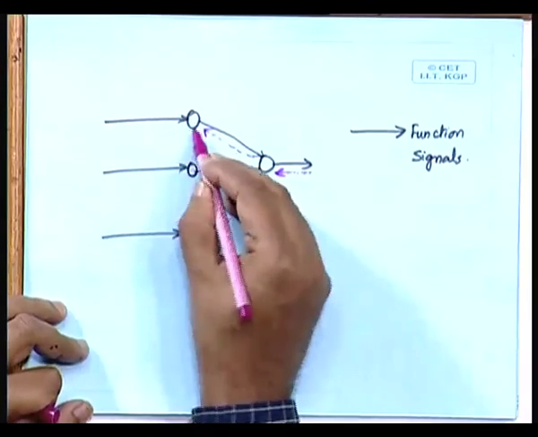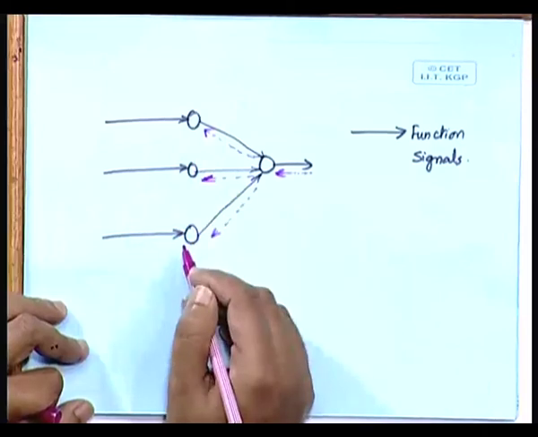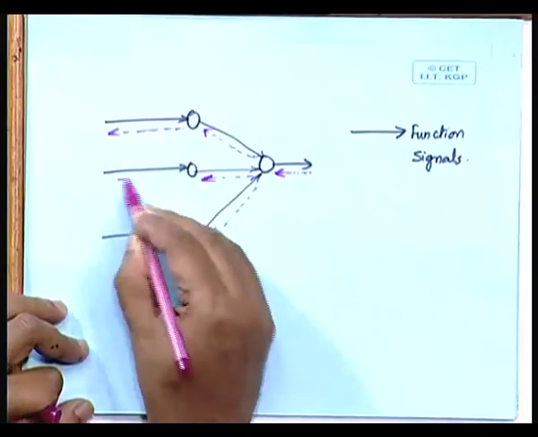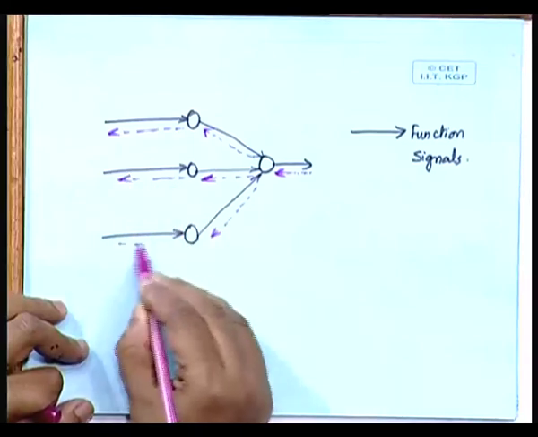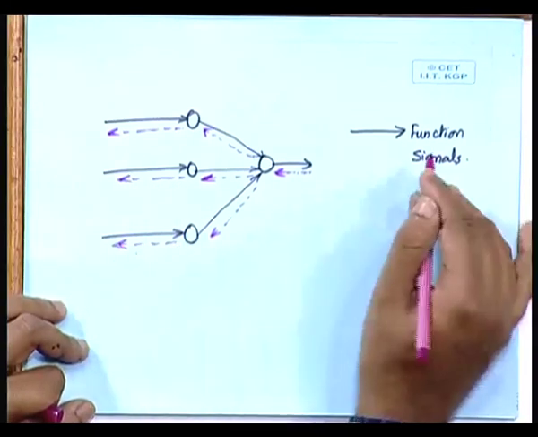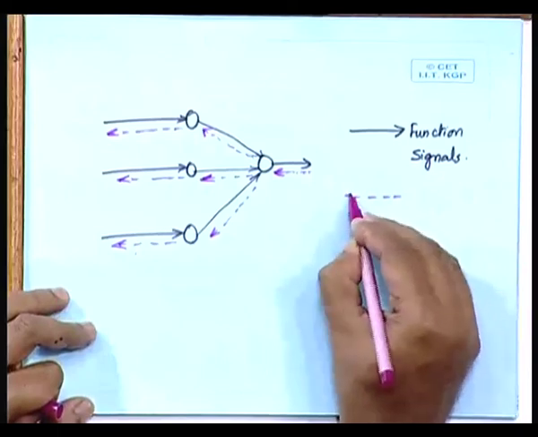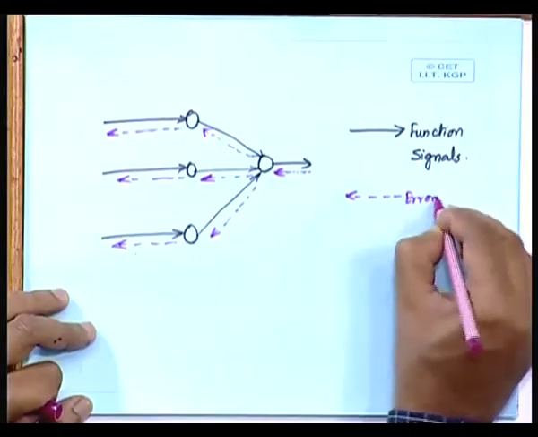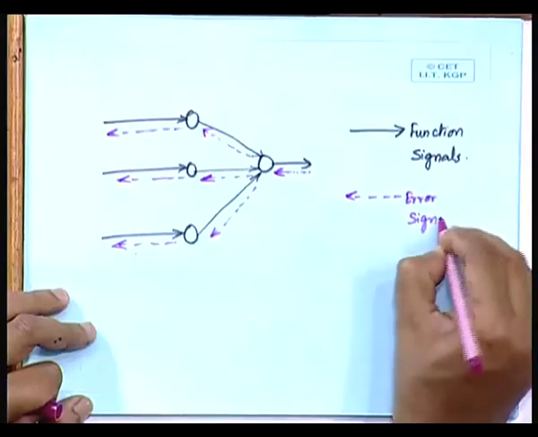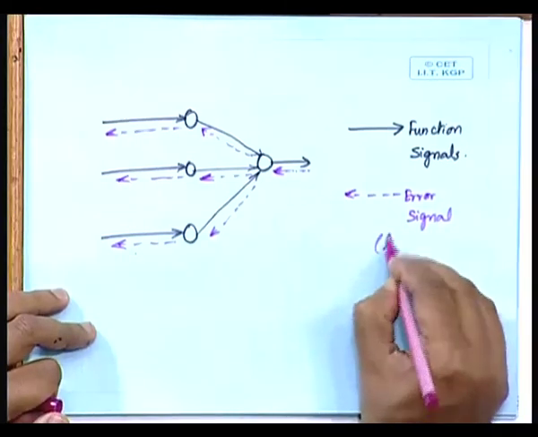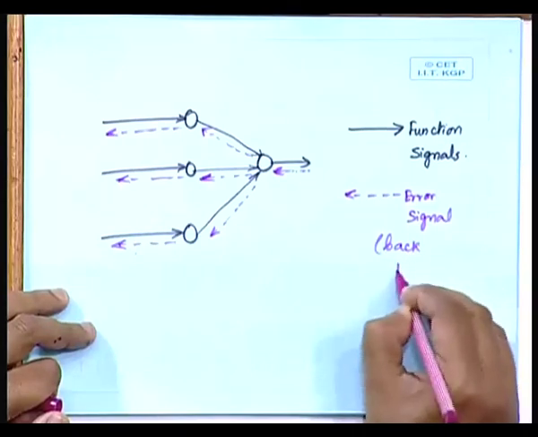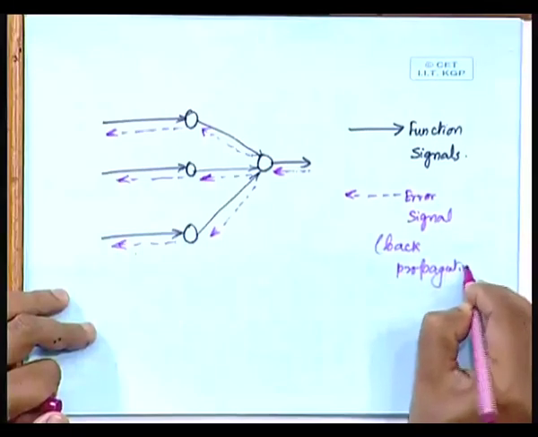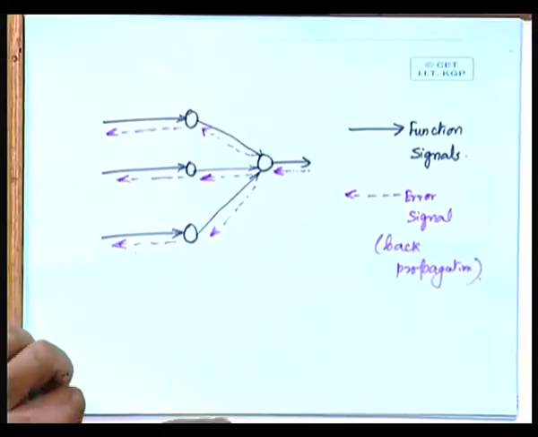And then once the errors are computed here, this error should be further back propagated. So, this is the flow of the error signal. What I am drawing with this color is the error signal, which is by back propagation. So, this is the concept.